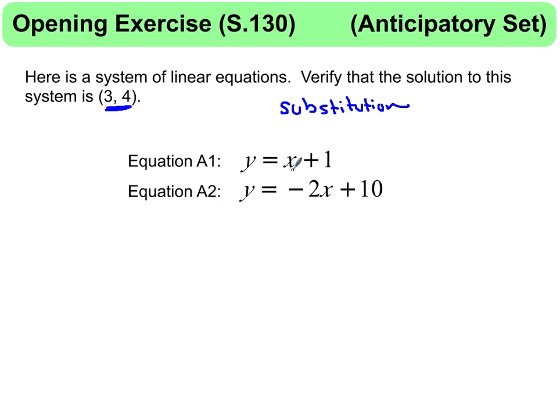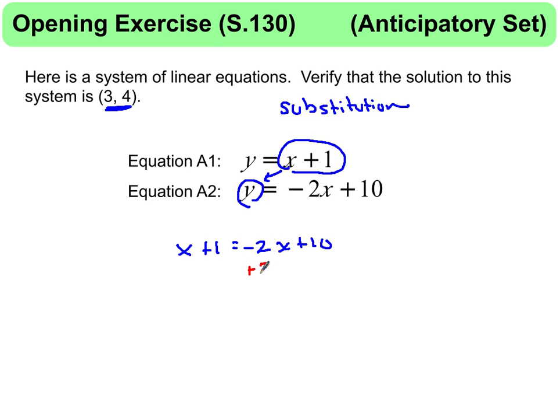So what I see is I know that y is equal to x plus 1, and here is a y in the other equation. We're asking students to resubstitute this, saying x plus 1 equals negative 2x plus 10. And so then the student is going to proceed at that point to solve for x.